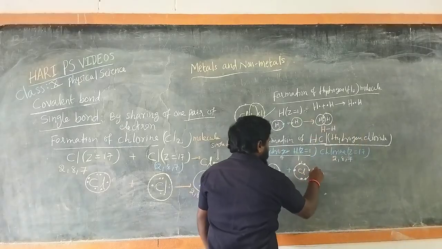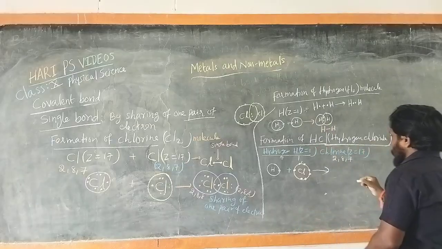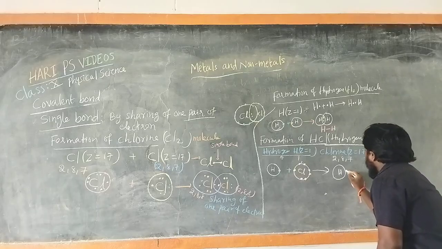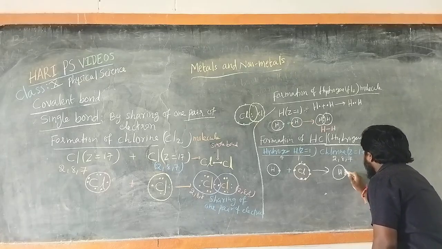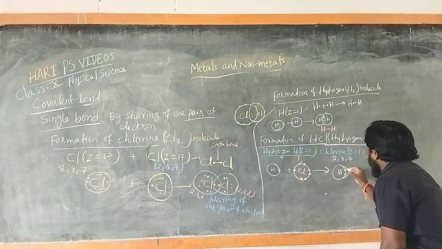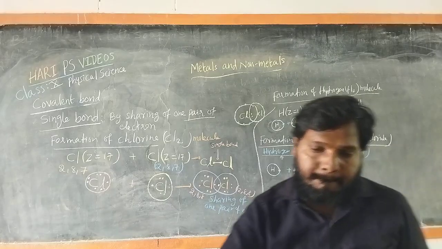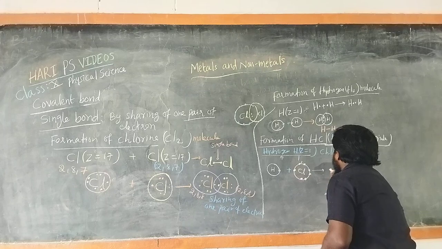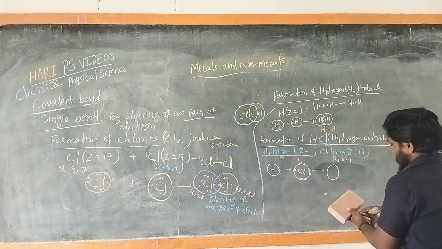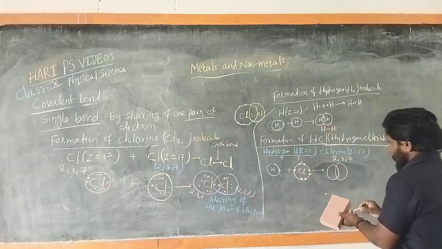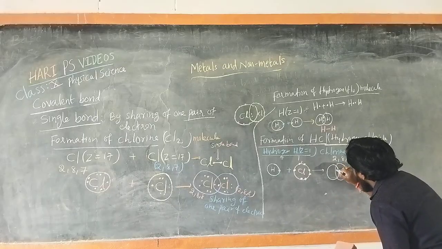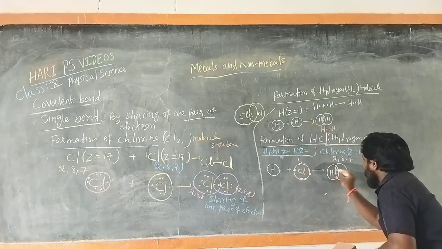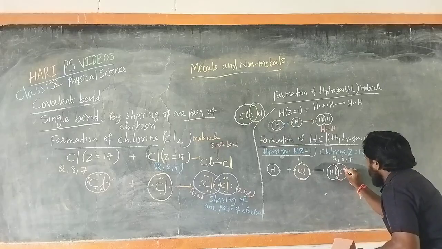Similarly, these 2 are combined together and form hydrogen chloride. So 1 is hydrogen and the other one is chlorine.